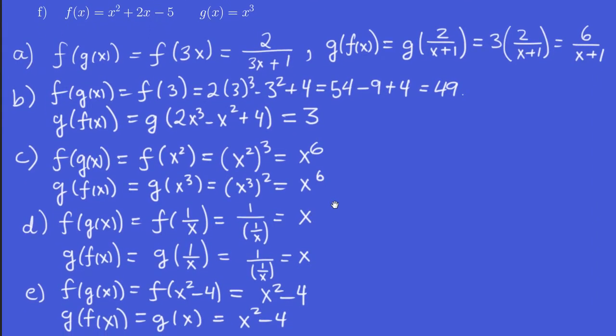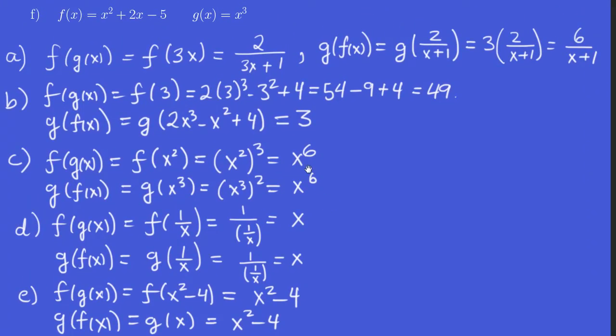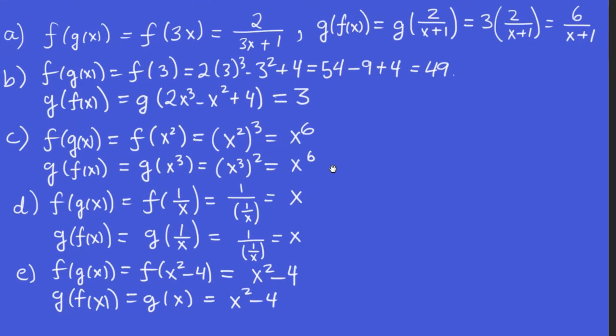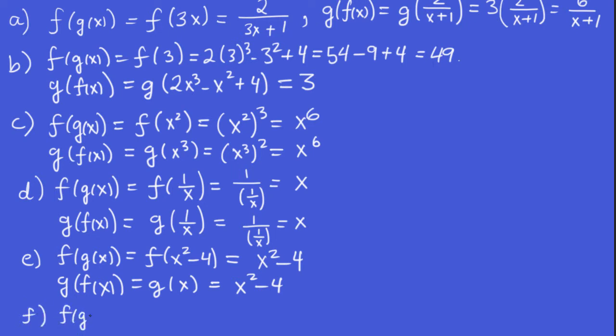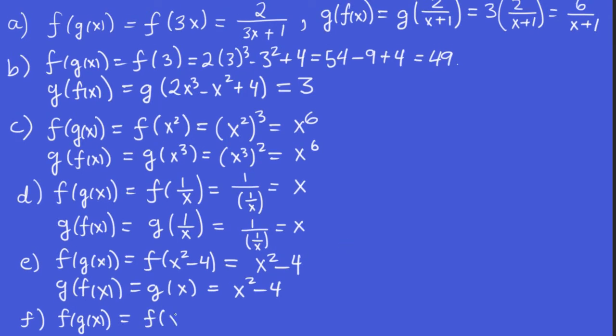All right, so the last question here is F. Here are the formulas. I'll have to take them off screen here to make everything fit. So f composed with g is what? Well, g is x cubed, right? So this can be written like that.